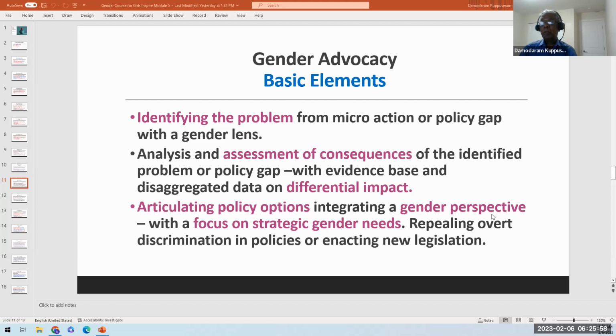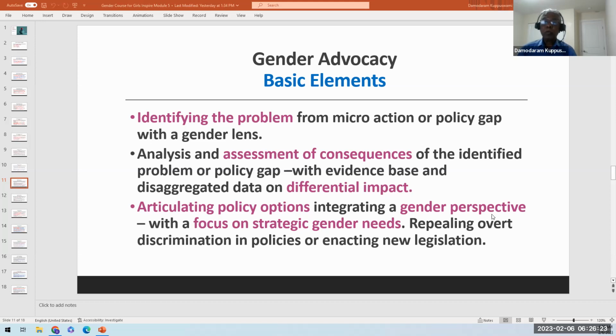So from micro action, is there something that the state needs to consider to enact policy? Or if there are gaps in enforcement or in its own focus, what can we do? Using a gender lens, using gender equality, how does it contribute?